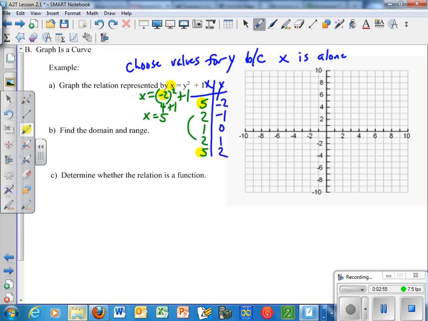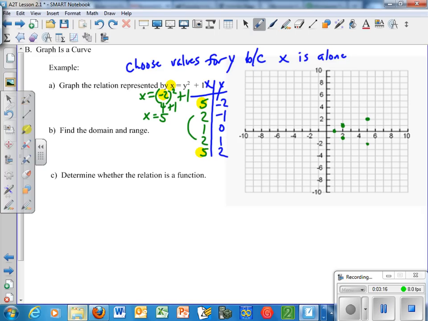So let's plot those points. So we have 5, -2, which is right here. We have 2, -1, which would be right here. We have 1, 0, which would be here. We have 2, 1, and we have 5, 2.